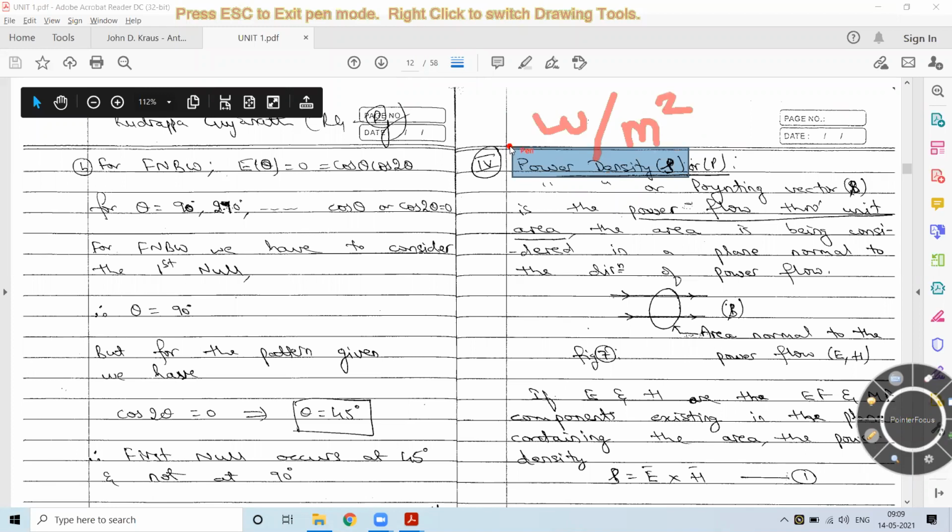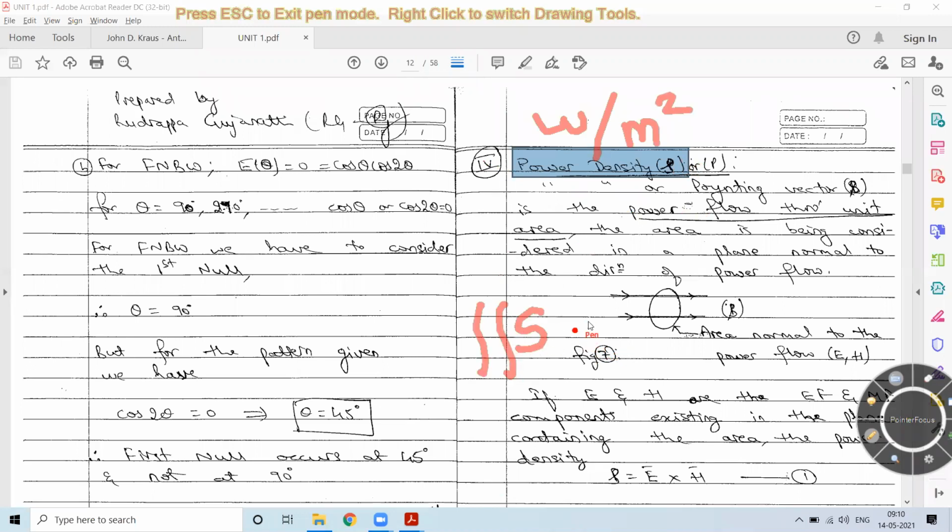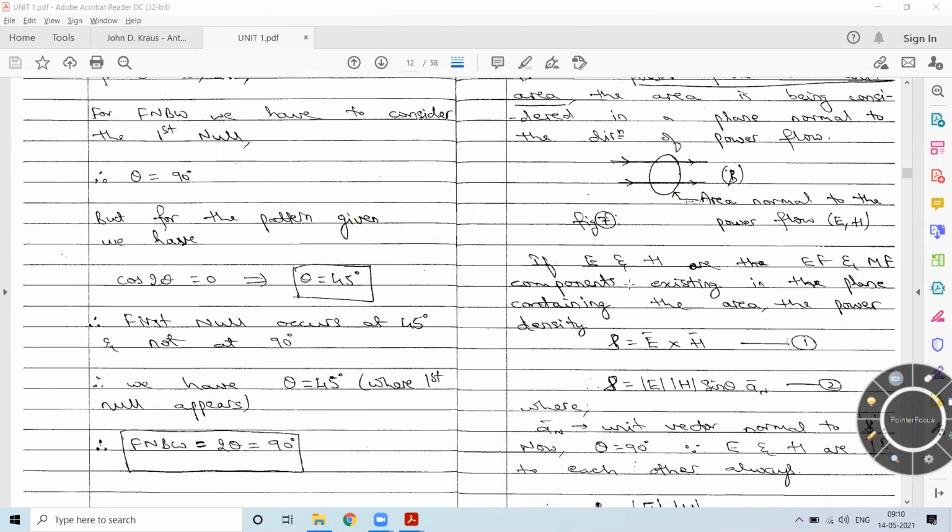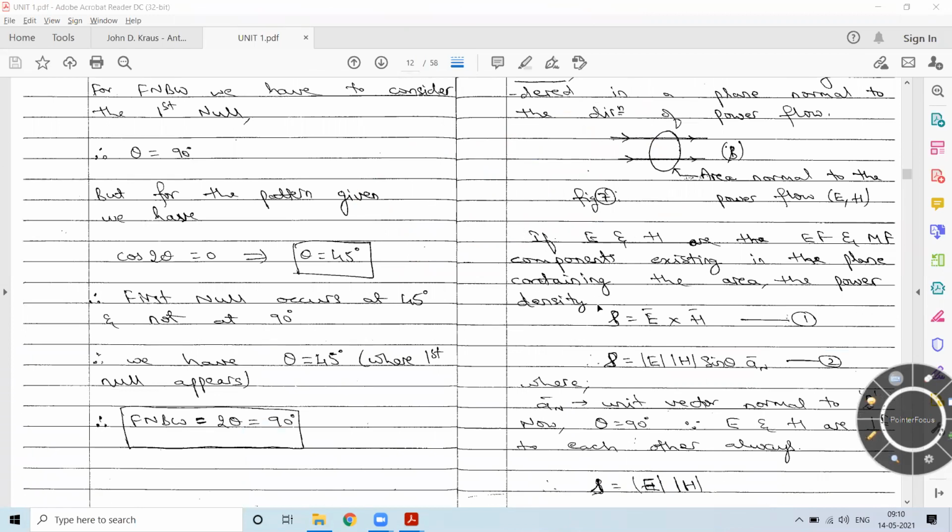If you want to identify the total power, you refer to the power theorem, which implies that you have to take the double integration of the power density with respect to the elemental surface area. This will give you the total power, and this is the power theorem defined in terms of power density. This we had discussed yesterday.